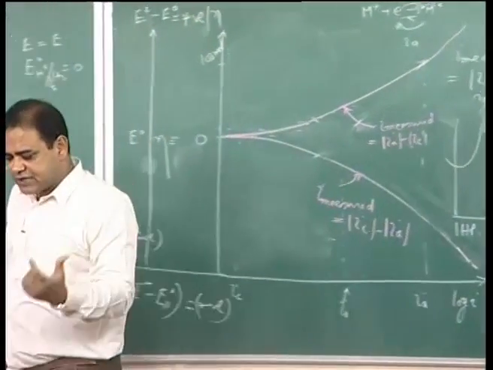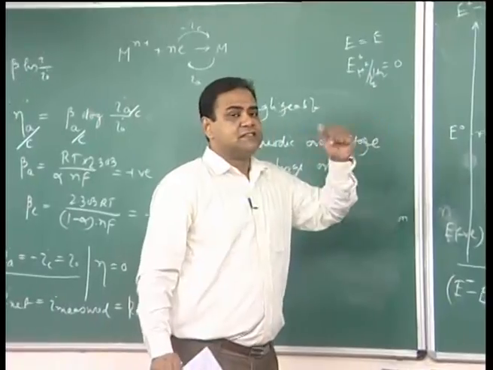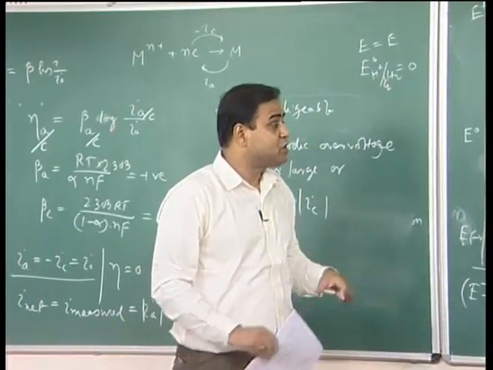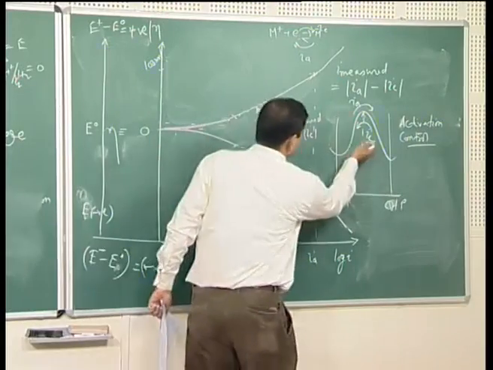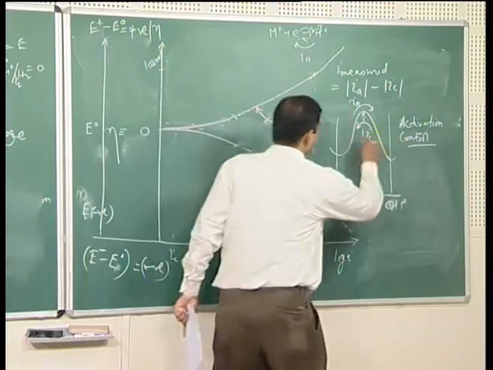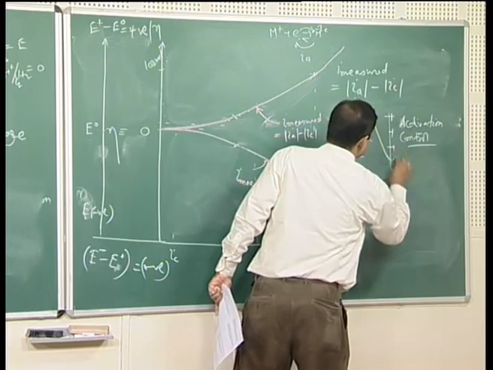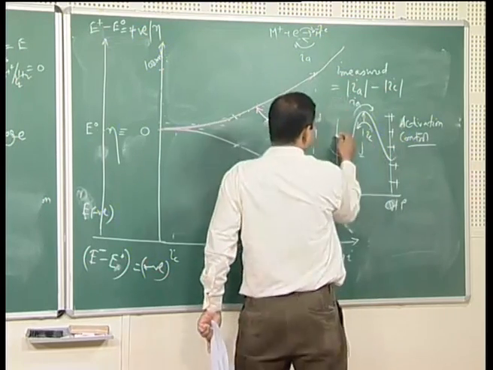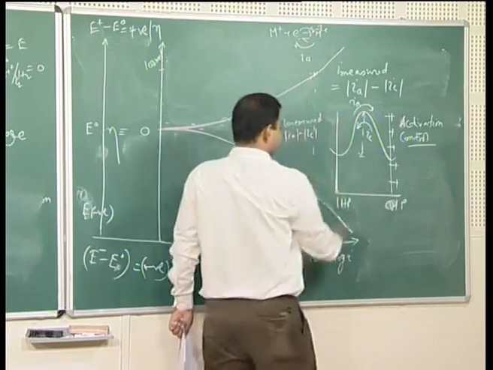Now, we have to understand why we are saying that this is the slowest step. Slowest step because, let us say you consider the cathodic over voltage, that means you are actually having all the positive charge going and depositing on this IHP.